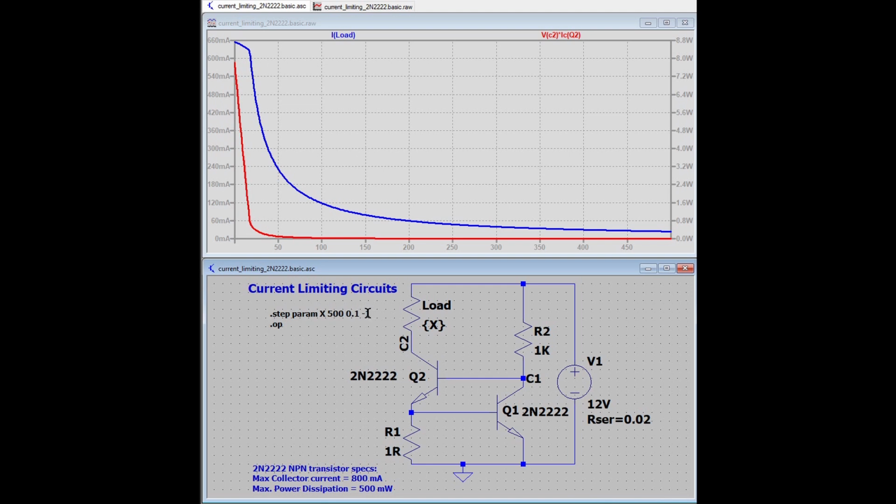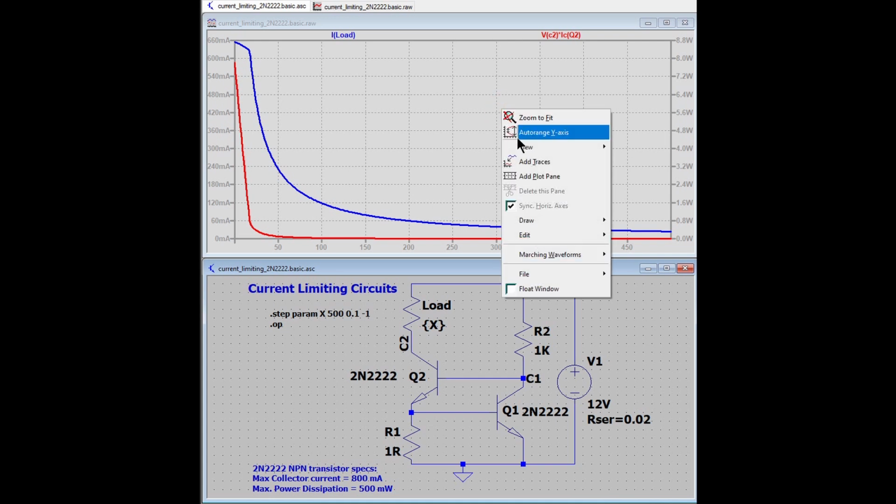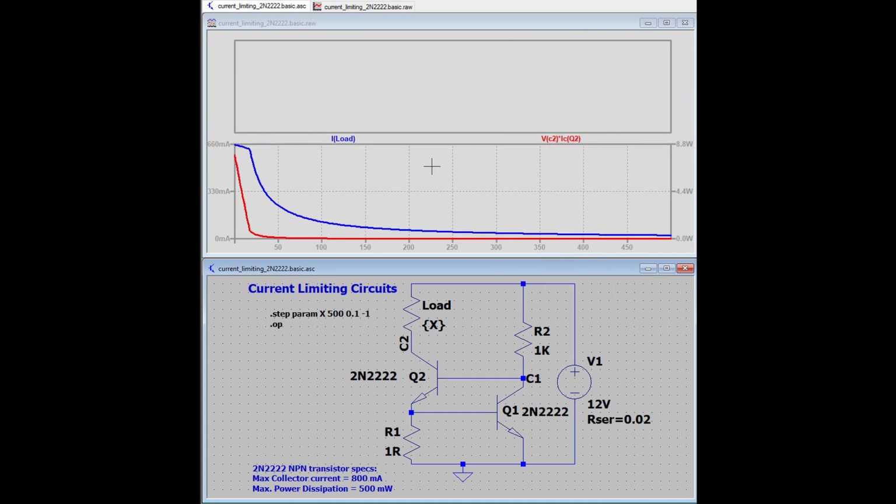By adding another plot pane we can see how the circuit leaves its saturation state, causing all the voltage from the power source to fall on Q2. This is what is causing all the 8 watts power to be dissipated on Q2. Until then, the power dissipated was very low, which the transistor could handle.